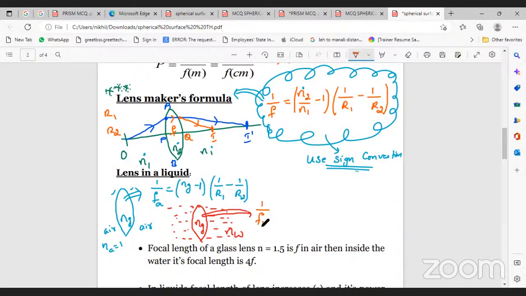I will tell. Focal length in water, FW. This is focal length in air. This is focal length in water, which is equal to what?